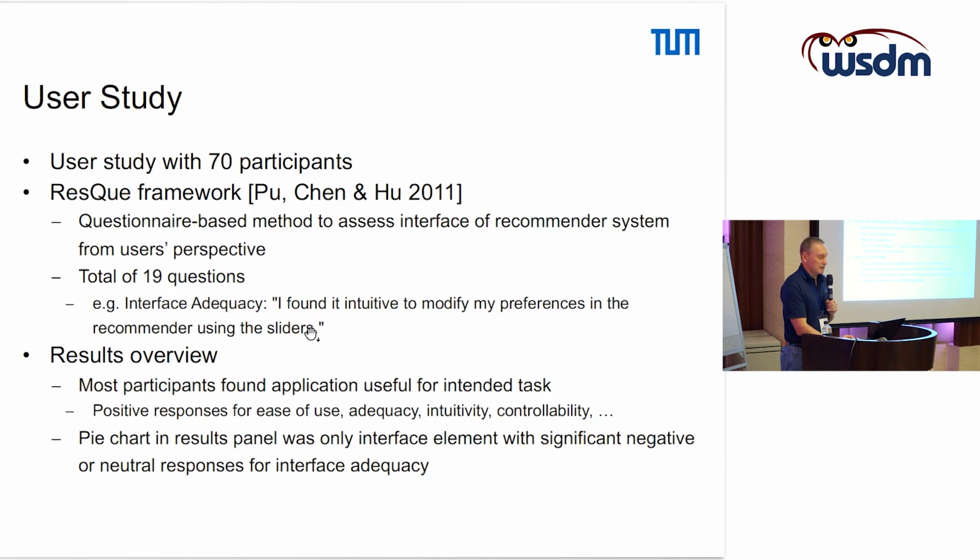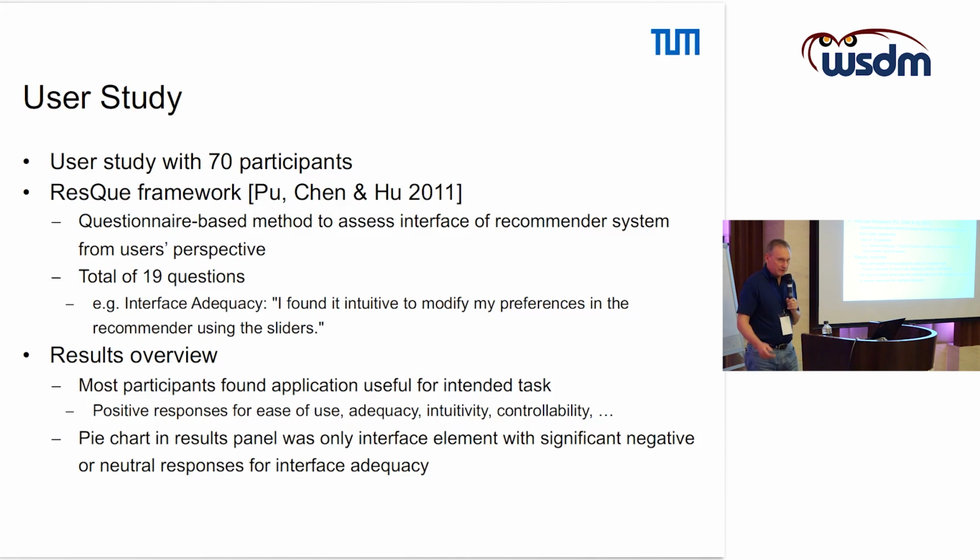So for example, a question like, I found it intuitive to modify my preferences in the recommender using the sliders. So to find out whether the elements that I just showed you were useful for the users to, for example, specify the preferences, also to learn about the item space and see why certain items were recommended or not.